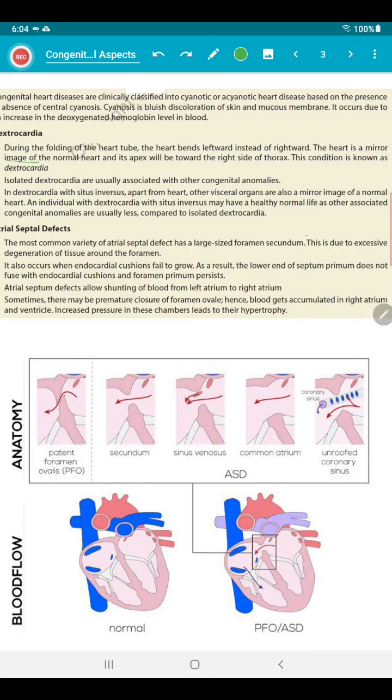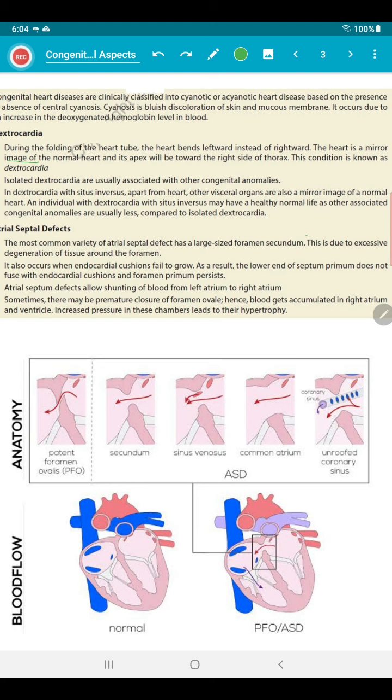ASD also occurs when the endocardial cushion fails to grow. You know endocardial cushion, I am not going into the detail. As a result, the lower end of the septum primum, here you can see, does not fuse with the endocardial cushion and a foramen primum type defect persists.